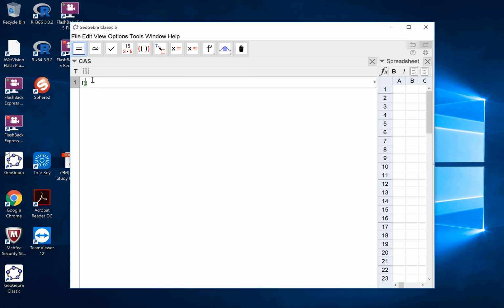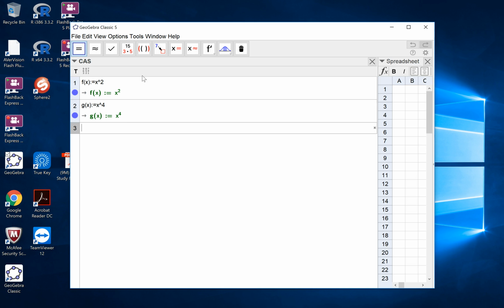In this case, our fundamental set was x squared and x to the fourth. So we'll set f of x equal to x squared and g of x equal to x to the fourth.